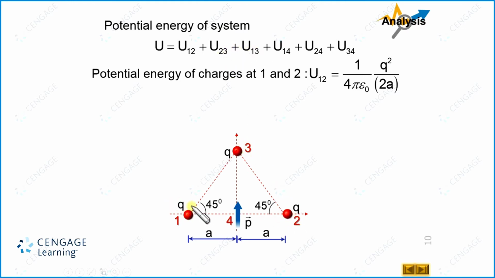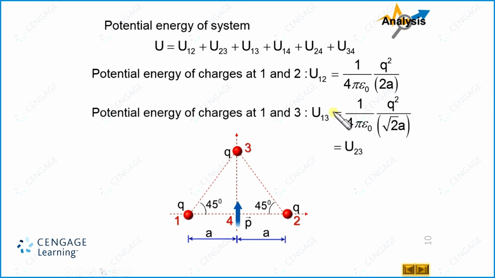So first we calculate the potential energy U13. As we calculated, this distance is root 2 a. So this value is 1 upon 4 pi epsilon naught q square divided by root 2 a. So these are the potential energies U12, U23 and U13.